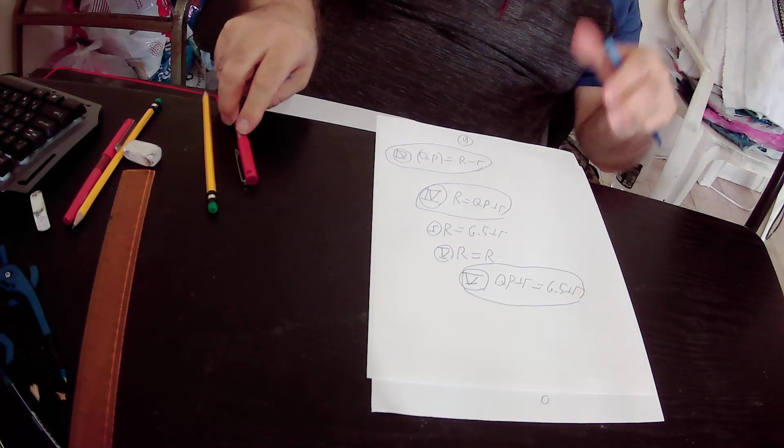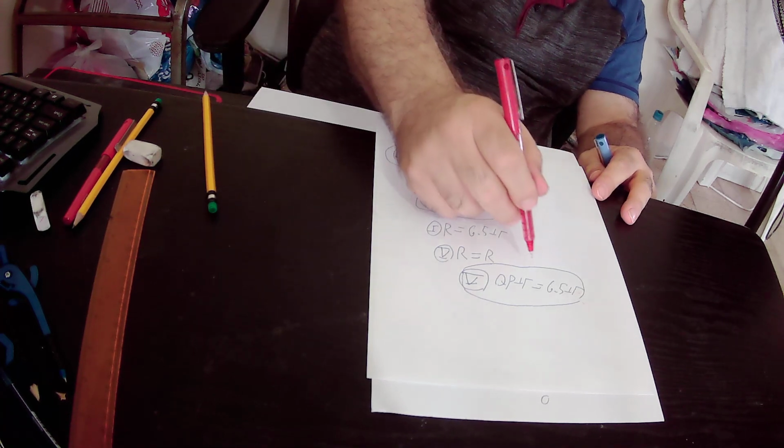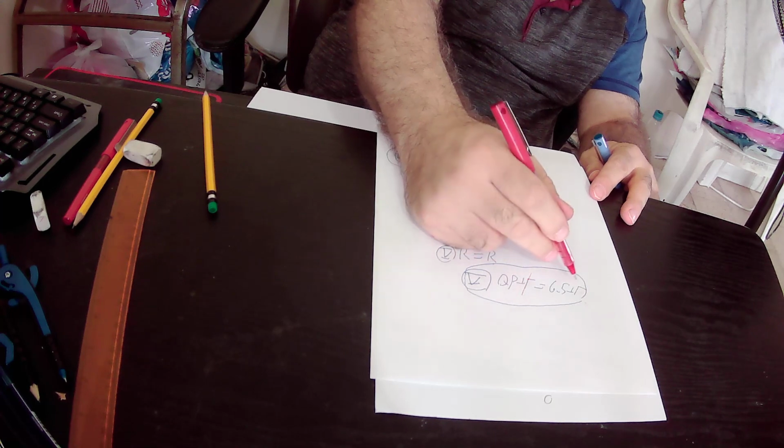Here we have small r on this side of the equation and on the other side, so we can cancel r.